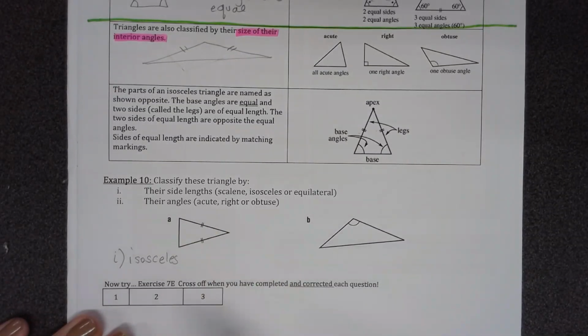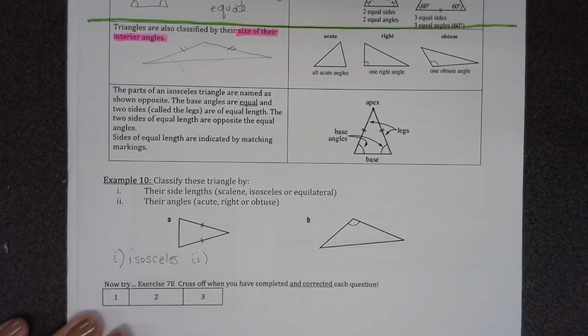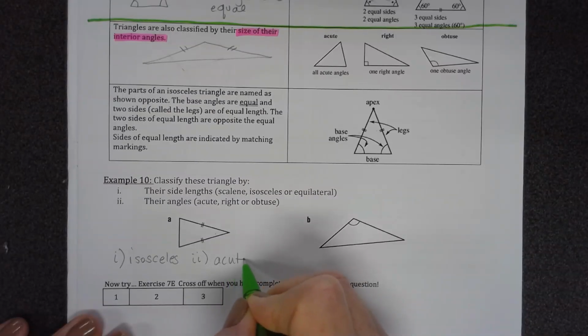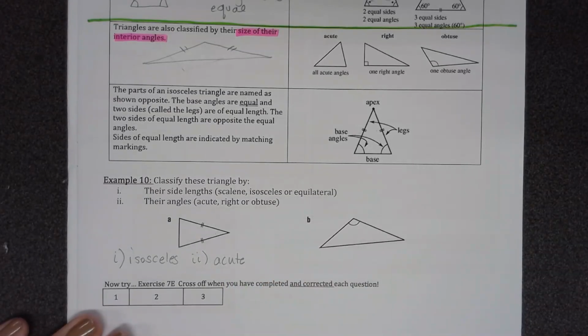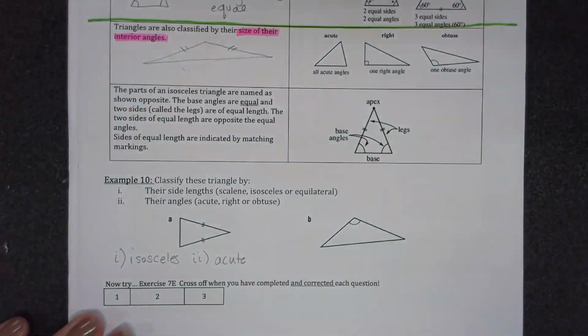Because two are the same. What about angle? None of these angles is obtuse or right, so it's acute. These are kind of hard because in here they all have to be acute. In here, one has to be right, and in here, one has to be obtuse.